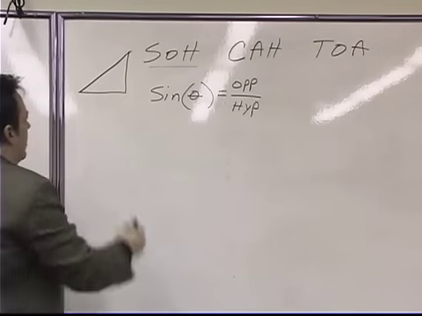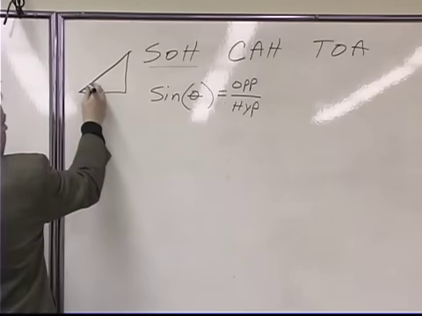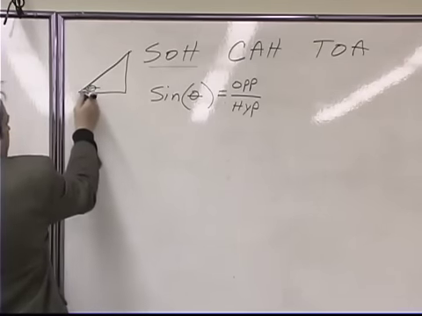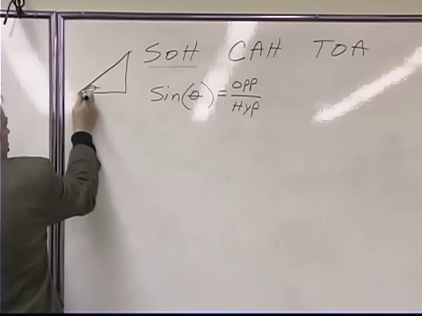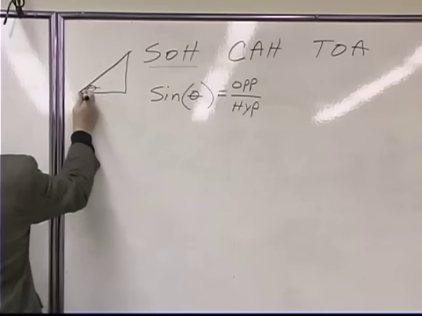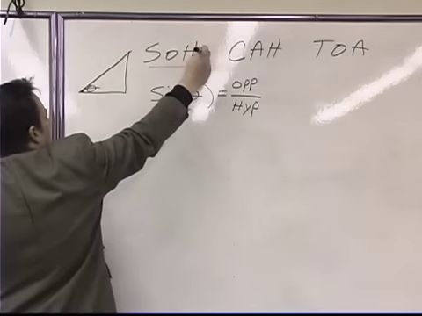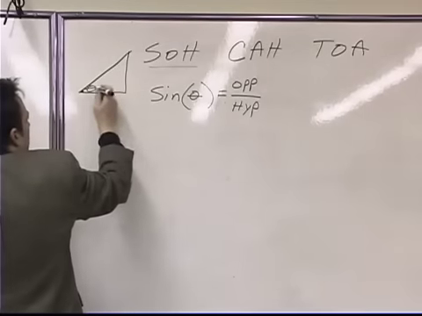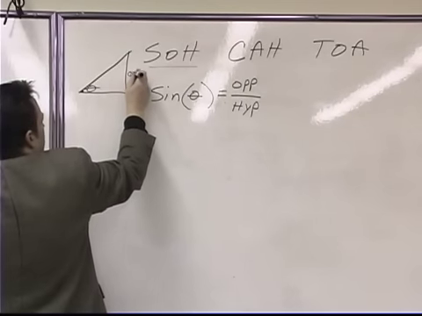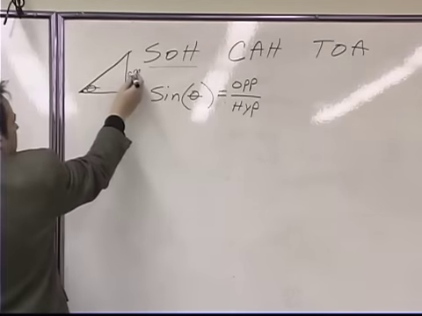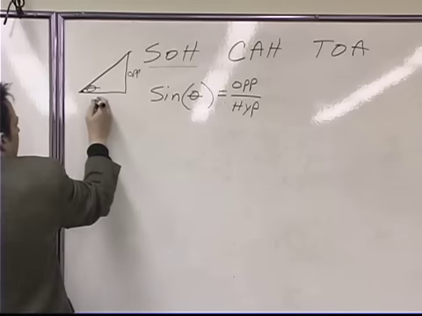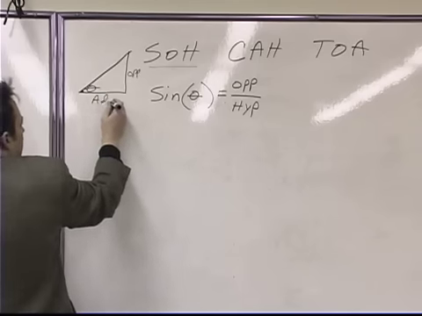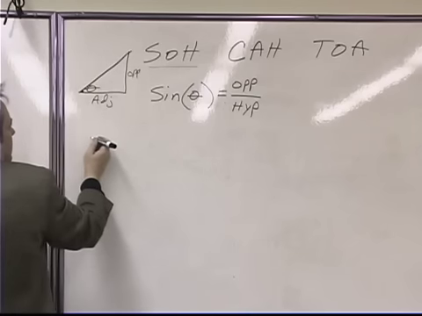Okay? So if this is an angle theta right here, and you think of your eyeball as being down here in this corner, if you look straight out from the corner, this is the opposite side. If this is the opposite side, this must be the adjacent side.